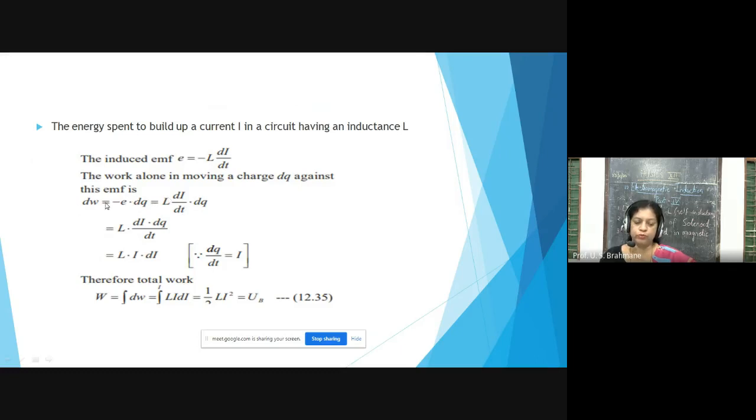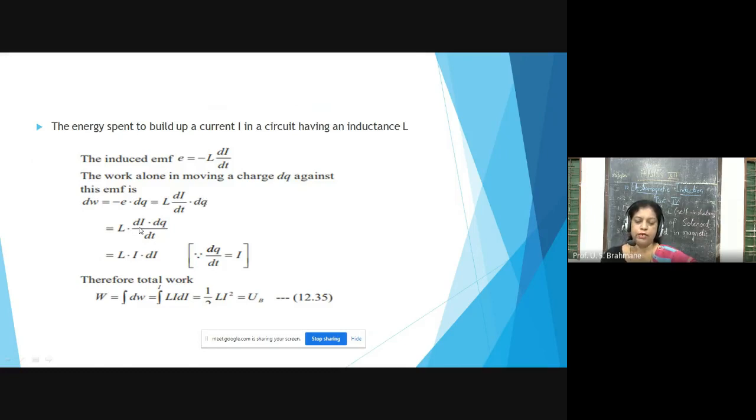We have seen this in electromotive force, that E is equal to dw upon dq, so dw is equal to minus E dq. Now for minus E, I want to substitute this value. So minus minus will become plus here. It will become equal to L di upon dt dot dq.